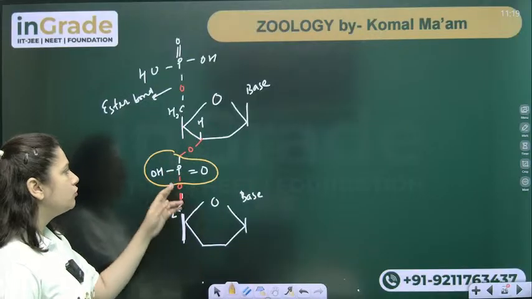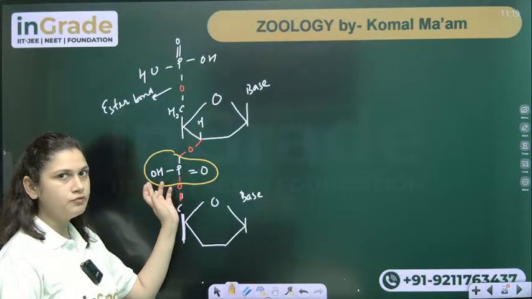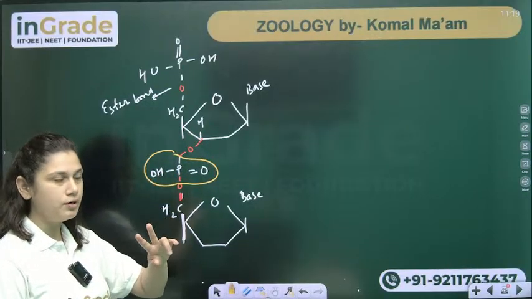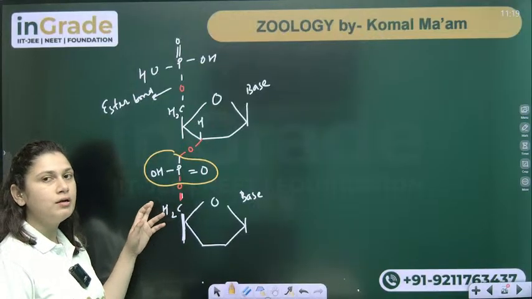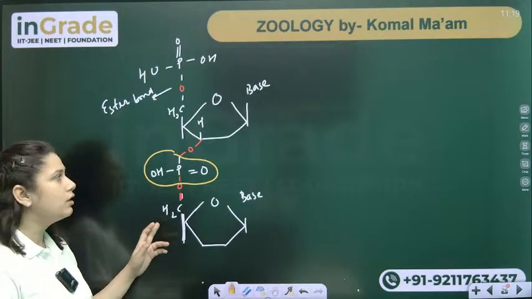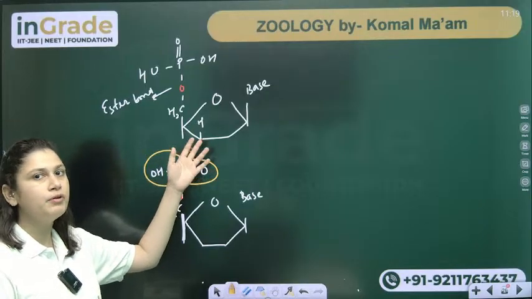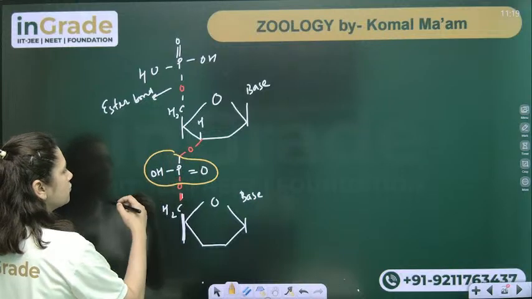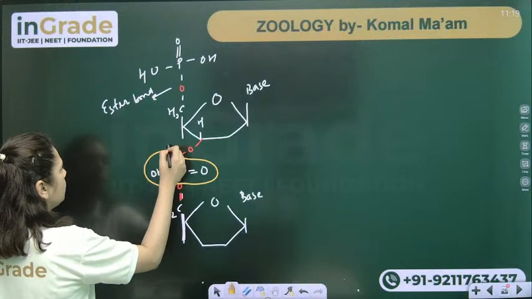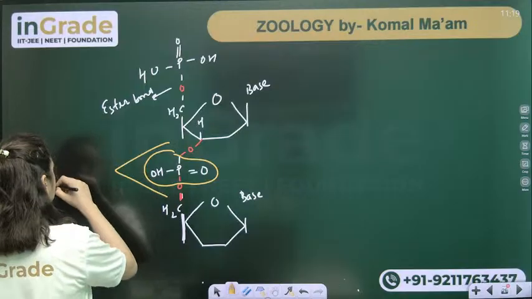So this phosphate group has two ester bonds: one with the fifth carbon of its own sugar, and one with the third carbon of the previous sugar. So this is also an ester bond, and this is also an ester bond. So this whole bond is known as phosphoester bond.